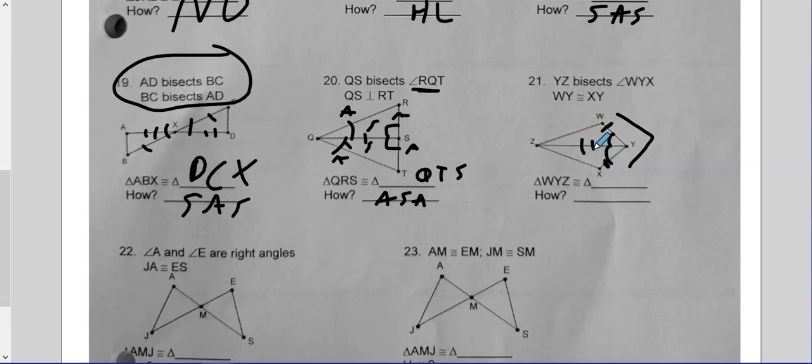ZY is congruent to itself by the reflexive property. So I have an angle, a side here, an angle here, and a side here. Side, angle, side. That is my ruling. Side, angle, side makes them congruent. So if I start at W at the top and go to Y, then Z, where am I going to start on the other one? X, Y, Z. Very good.